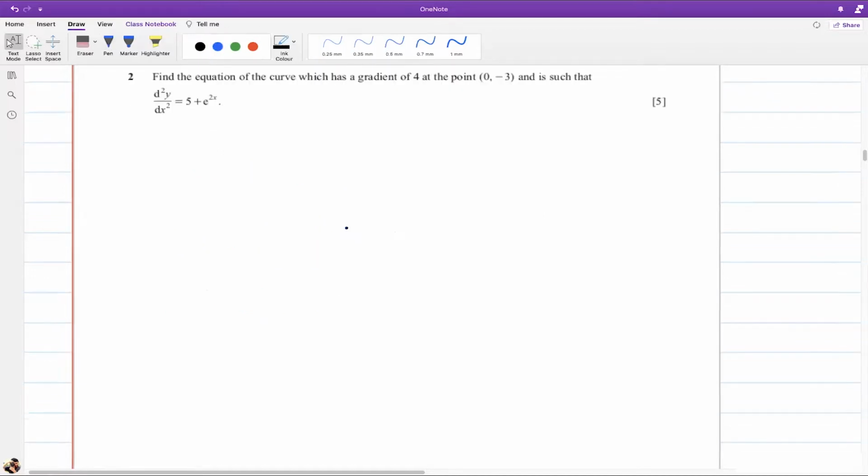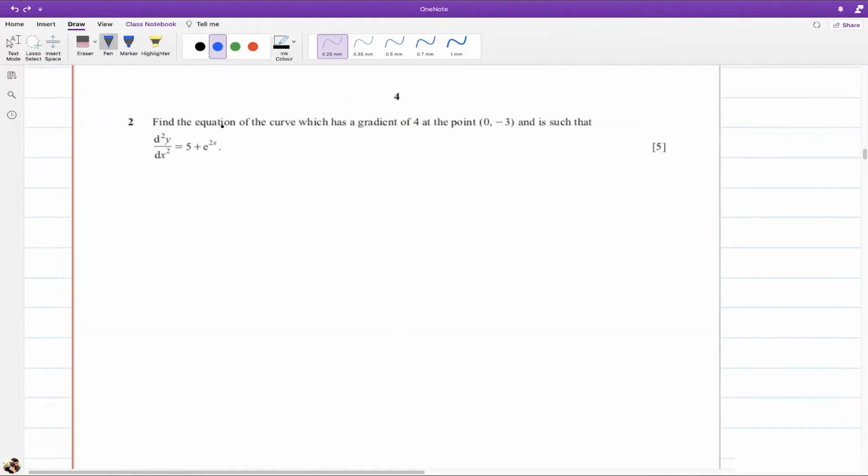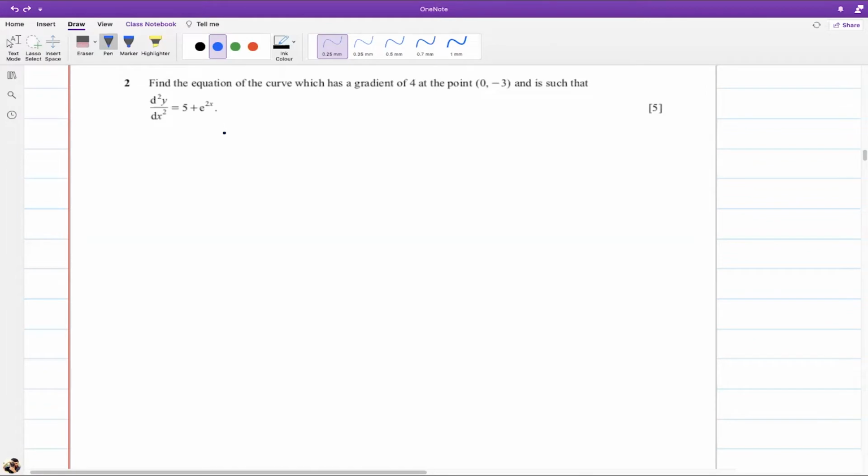Stay in this range. Find the equation of curve which has a gradient of 4. We got the gradient. This gradient is dy by dx at this point. Okay, so we know the curve as well. All right, so the first thing we should do in a question like this is to find dy by dx and put it equal to something. So I know that d square y is the double derivative.